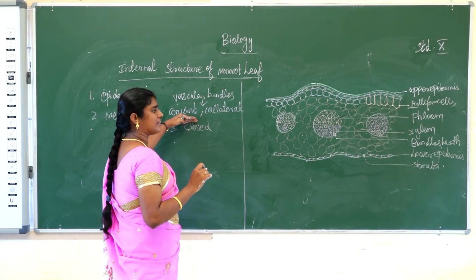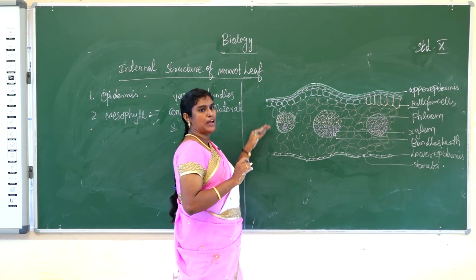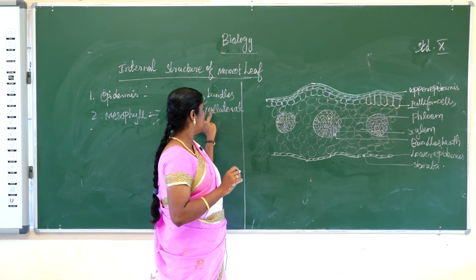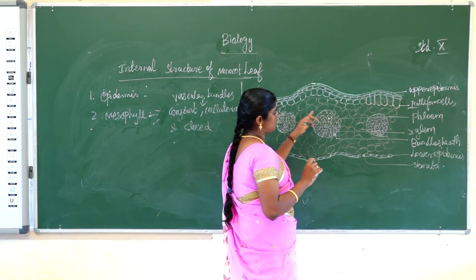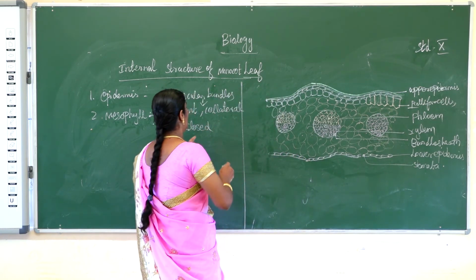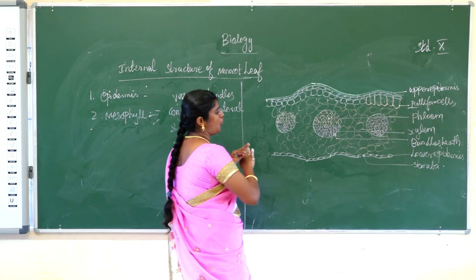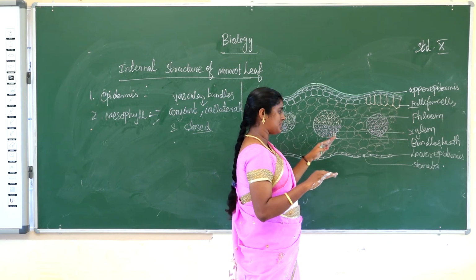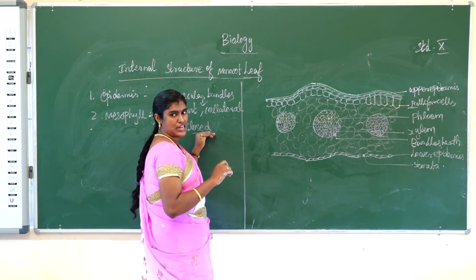What is the meaning of conjoint? Conjoint means xylem and phloem are arranged on the same radius. What is collateral? Xylem towards the center and phloem towards the periphery. What is the meaning of closed? It means without cambium. Cambium is absent, so it is called closed type of vascular system.